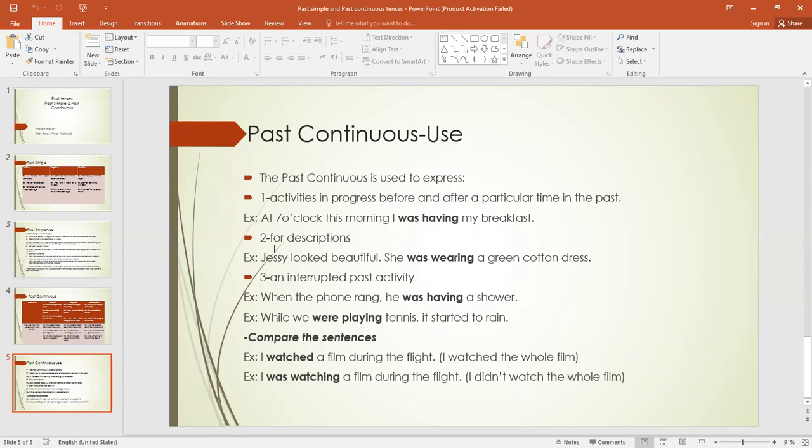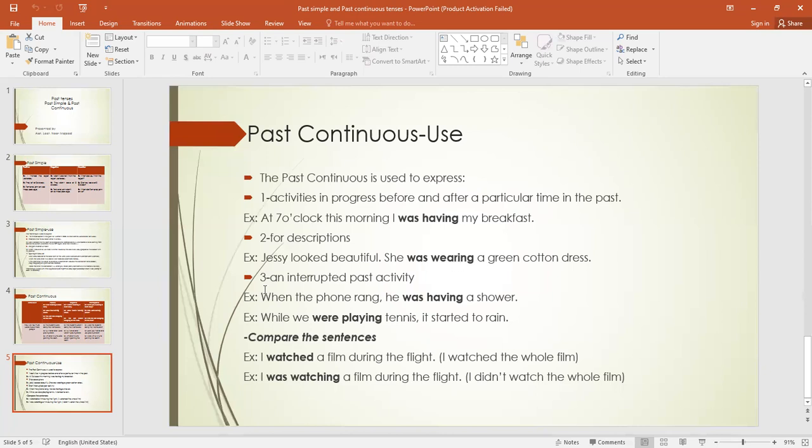Also, we use past continuous for descriptions. ممكن نستخدمها لوصف الأشياء والأشخاص. For example, Jessie looked beautiful. She was wearing a green cotton dress. So it is used to describe Jessie, right?